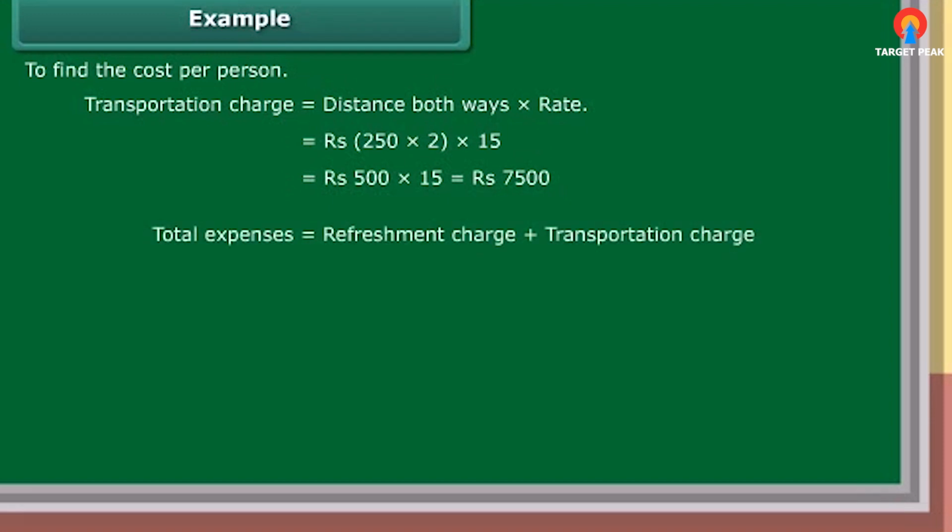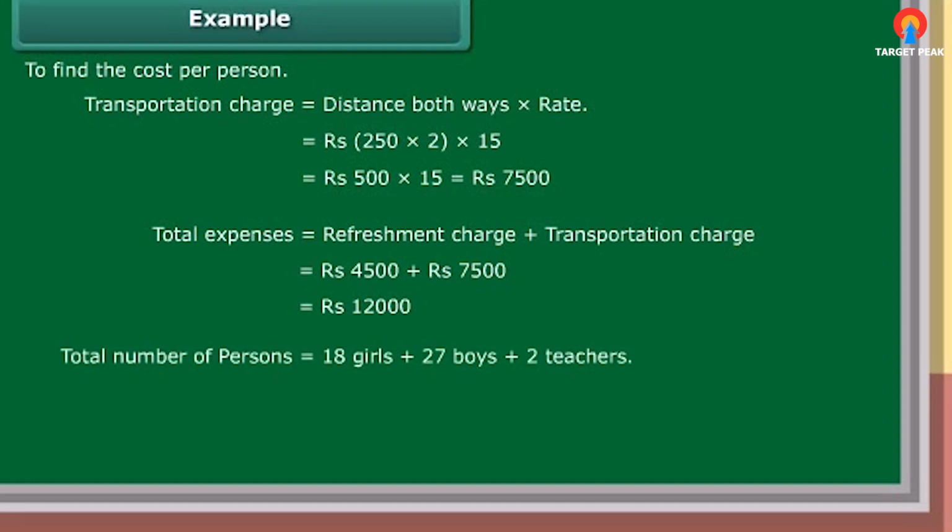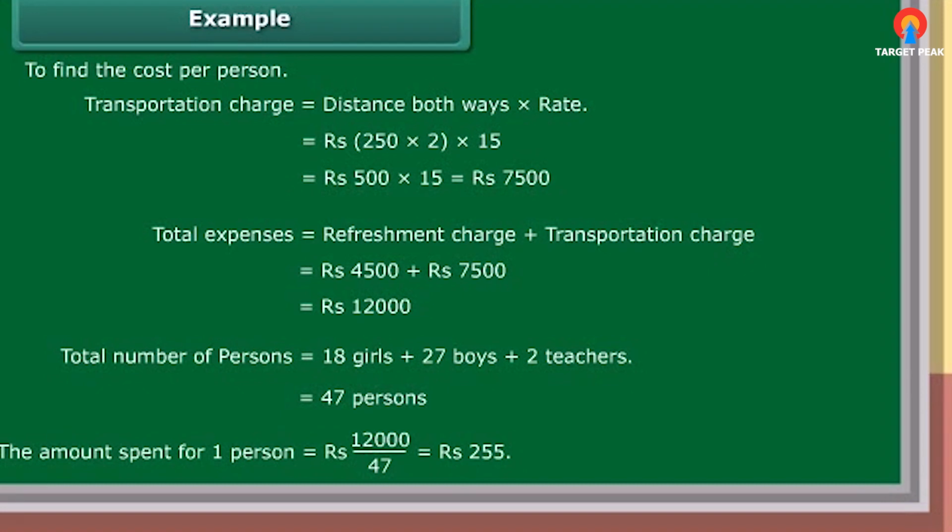Total expenses is equal to refreshment charge plus transportation charge, which is equal to Rs 4,500 plus Rs 7,500, which is equal to Rs 12,000. Total number of persons is equal to 18 girls plus 27 boys plus 2 teachers is equal to 47 persons. The amount spent for one person is equal to Rs 12,000 upon 47, which is equal to Rs 255.